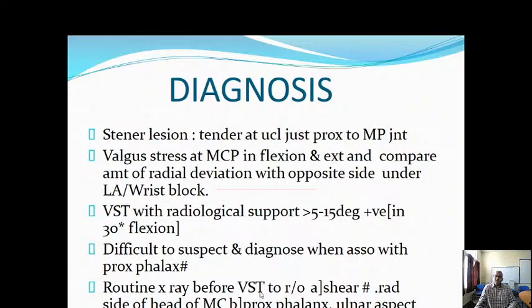Okay. Always a routine X-ray should be taken first, and then a valgus stress test view should be taken. VST is the valgus stress test view.